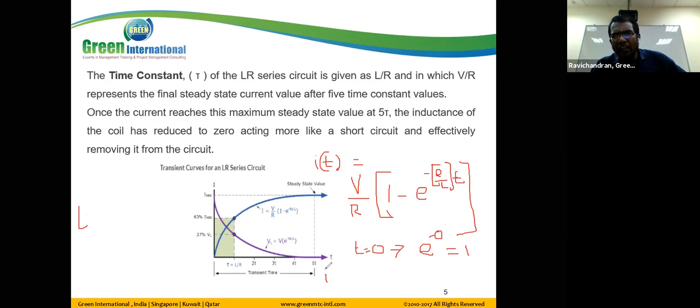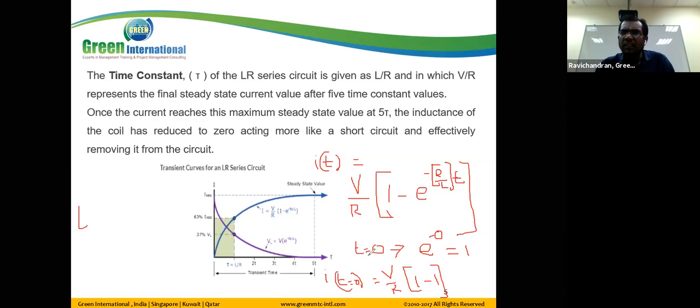So I of t at t is equal to 0 is equal to V by R into 1 minus 1, since e to the power 0 is 1. So at t is equal to 0, the current is equal to 0, which means that when the switch is open, there is no current flow.